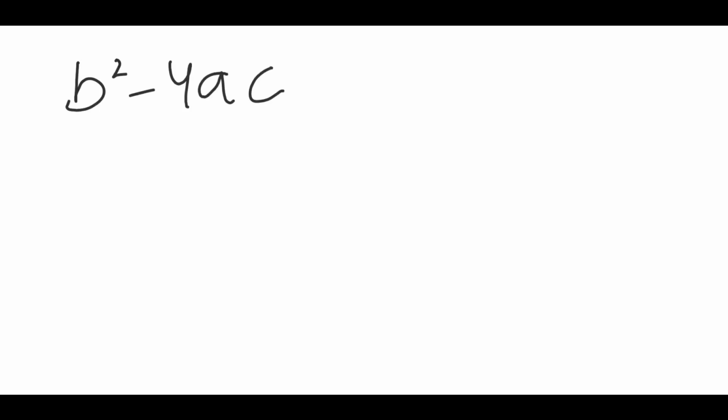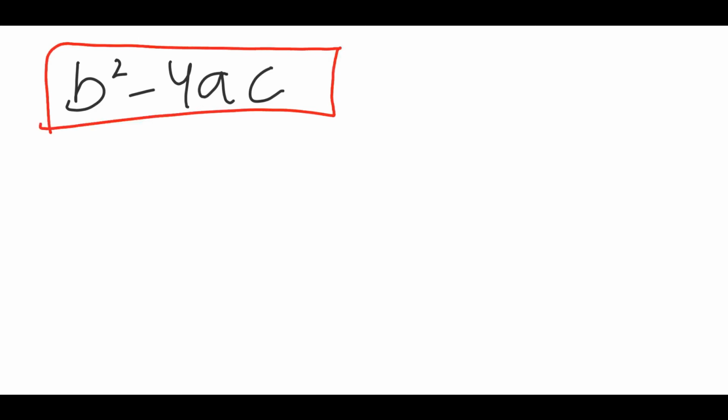What is the purpose of the discriminant? The discriminant tells us the nature of the roots. It's only used to determine the nature of the roots. Now we've got a lot of rules on how a discriminant is used.